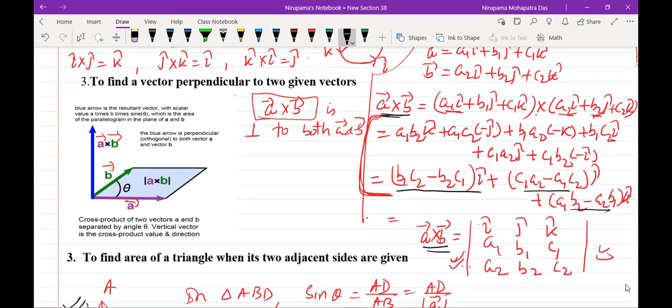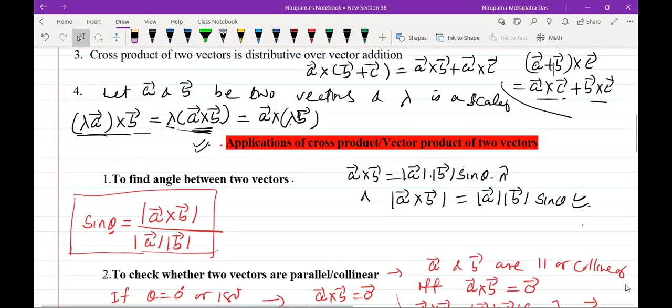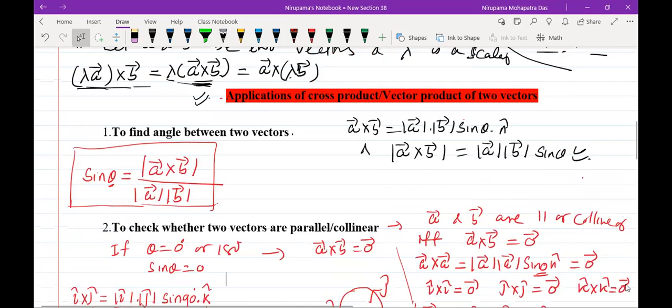Either they are identical or they are proportional. So 2 vectors are parallel or collinear if and only if the scalar components are proportional.